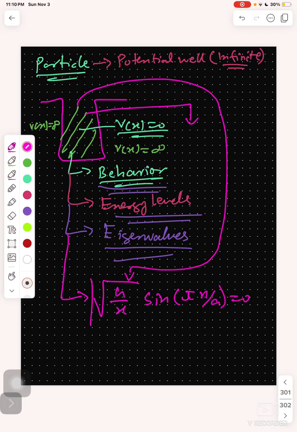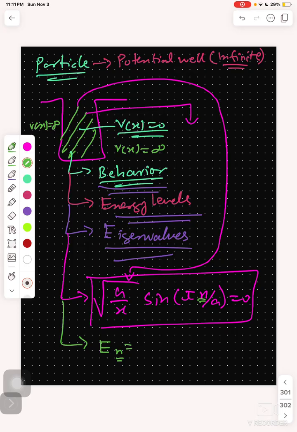This is the first equation, which tells about the eigenfunction, and this is about the eigenenergy, E of n, where n is a whole number. Remember, n always represents a whole number.